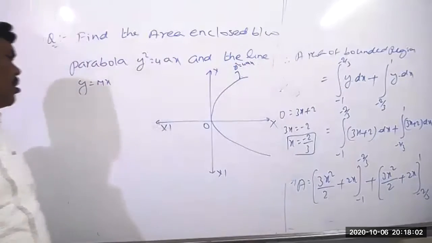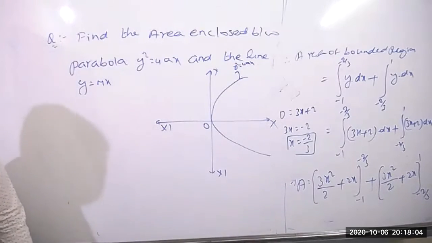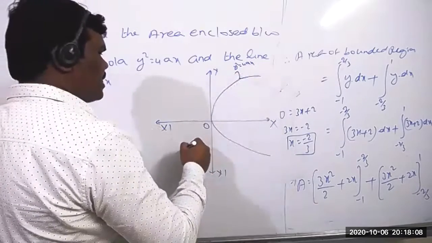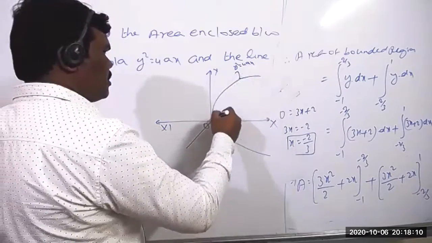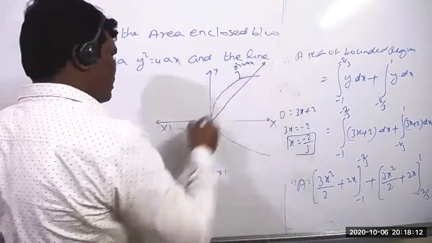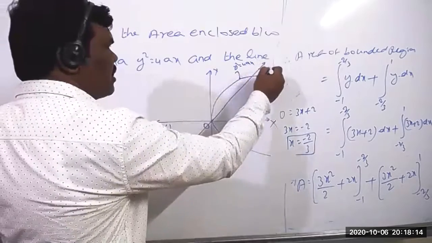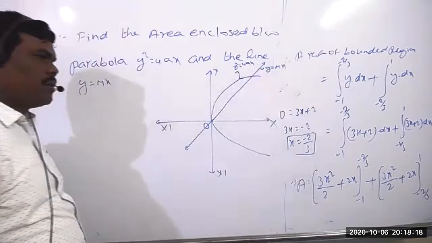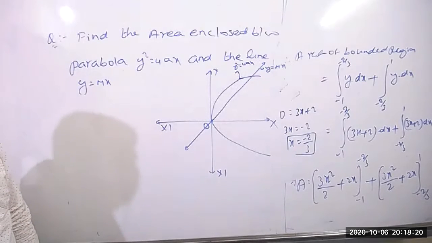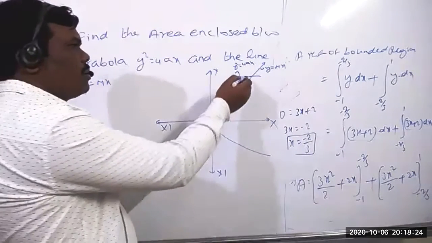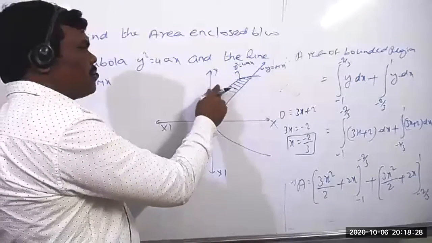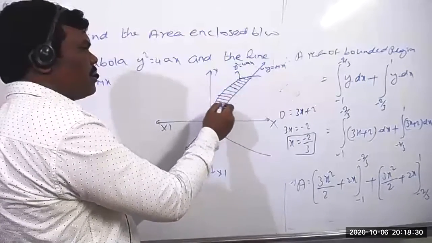And if we take y equal to mx, the graph also clearly passes through the origin. So clearly we'll get like this. This is the line y equal to mx. Now the area bounded by the parabola y square equal to 4x and y equal to mx, I think this is the shaded region, correct? This is the bounded region now.